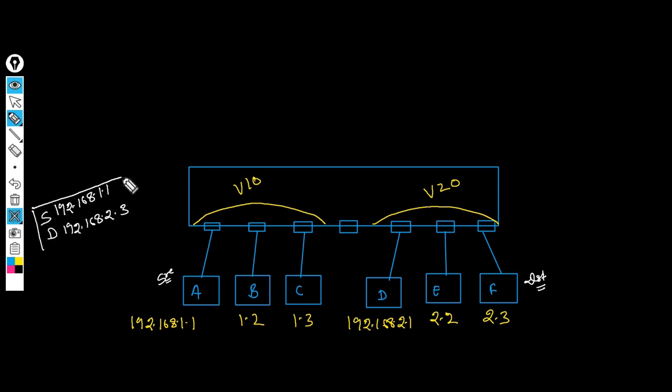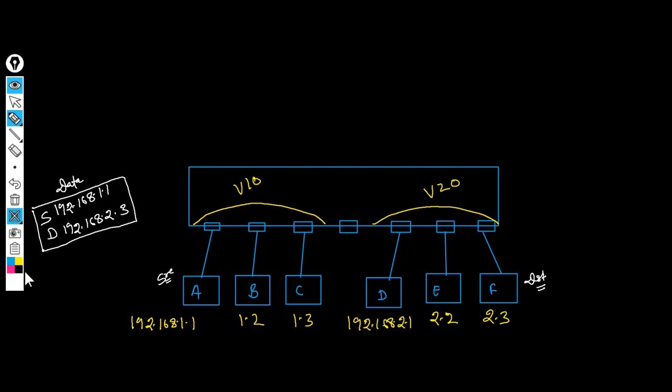This is the data packet that you want to deliver. Since both are in different networks, 1.1 and 2.3, by default the communication won't be possible.